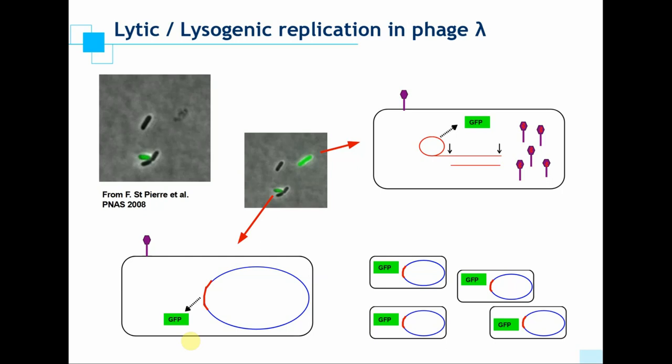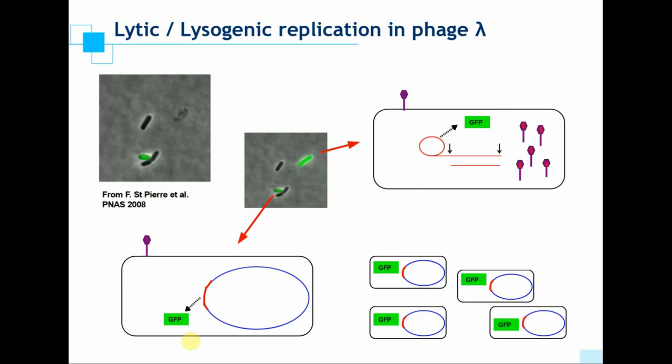Now, this process, when you have integration of a phage genome into a bacterial chromosome, is called lysogeny. So this is a lytic cycle and this is the lysogenic cycle. It's a cycle because this prophage can sometimes be reactivated.